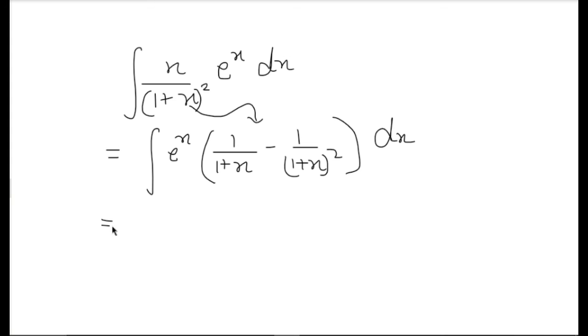And thus, by using the theorem, we have the final answer as e^x into f(x), and your f(x) is 1 over 1 plus x, which in simplified form can be written like this. And we can also put the constant of integration.